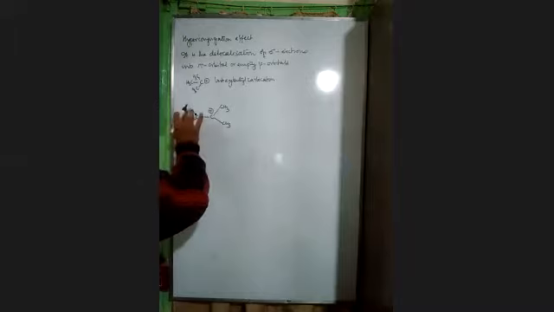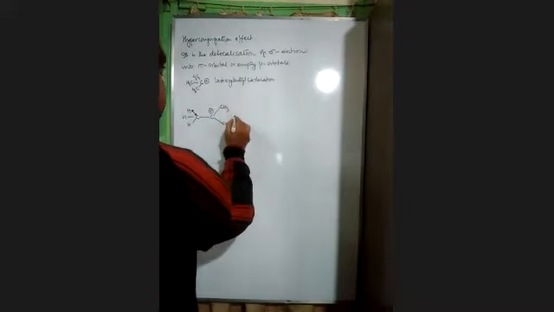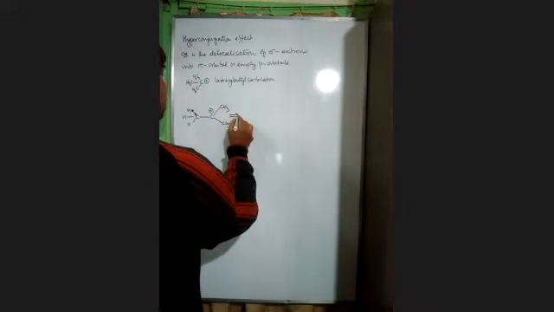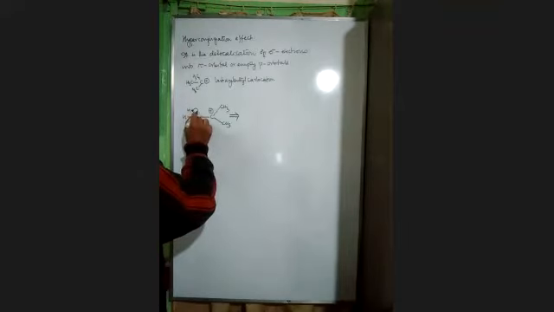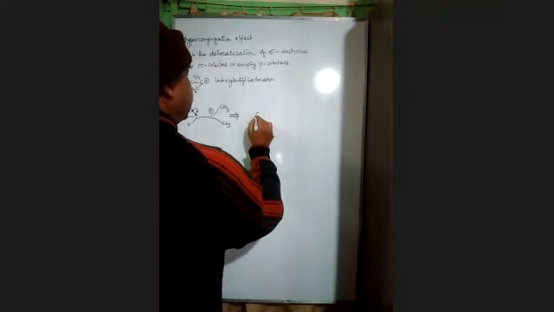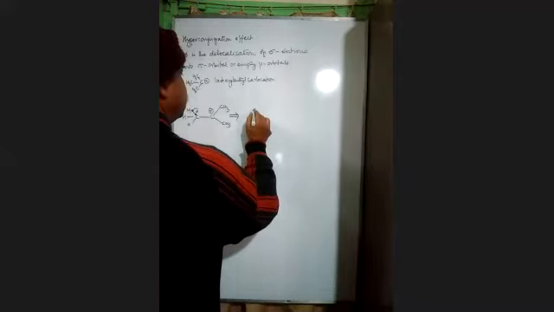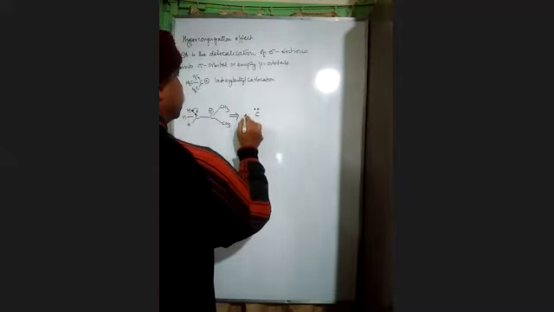Between carbon and hydrogen, carbon is more electronegative, so it may happen that this bond breaks. Carbon has taken the electron of hydrogen. So what will you get now here? This electron is the electron of carbon, this is the electron of hydrogen.